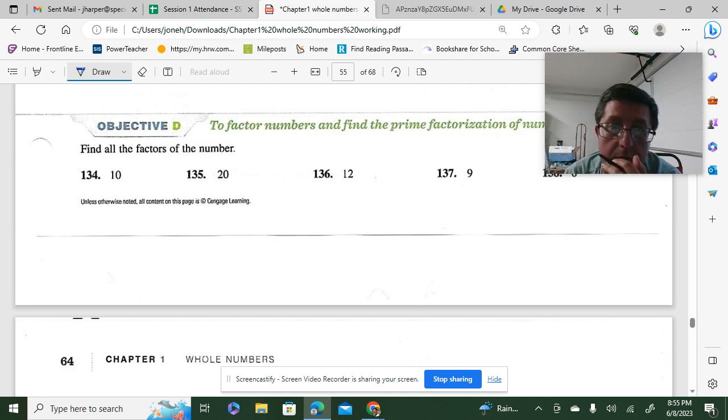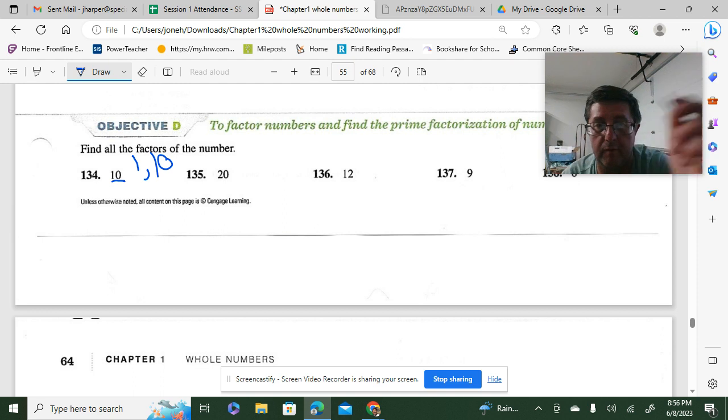Now, this is a little bit tougher. It says find all the factors of the numbers. Yeah, you know what? Factors are somewhat important. I don't find them as important as they make them out to be, but we're going to do the factors of 10, because you go 1 times 10 equals 10.